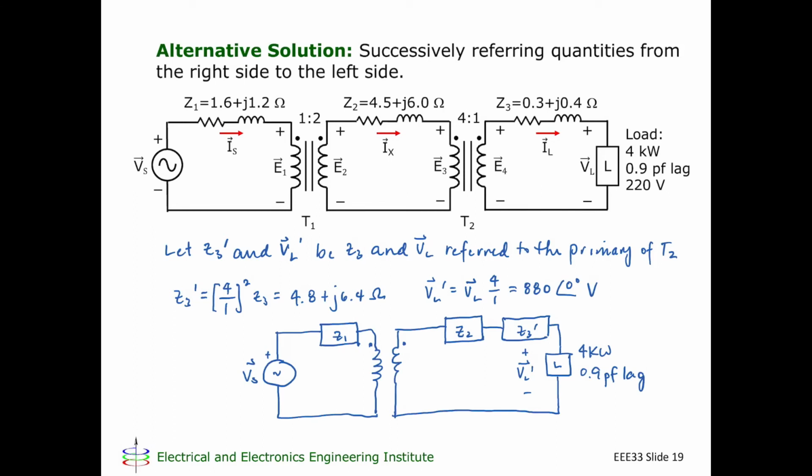It's only the voltage that will change. Okay, what's going to be my strategy at this point? I can now refer all of these quantities to the primary of T1, to the primary of this transformer.